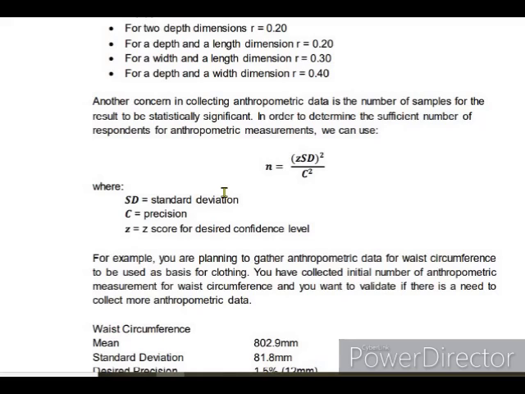Okay, so n is equal to the square of the quantity z multiplied by sd all over c squared. So what are those? So sd again is the standard deviation, c is the precision, and z is the z-score in the z-table for the desired confidence level.